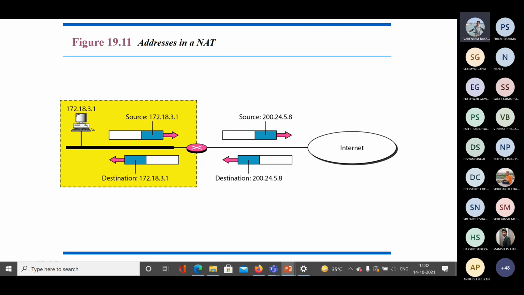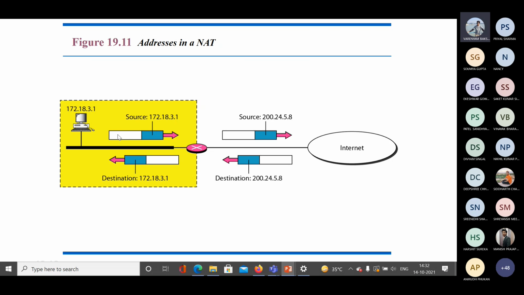Similarly, when there is a reception from outside, the destination address will simply be the NAT router's outside interface address, the interface that connects it to the internet.